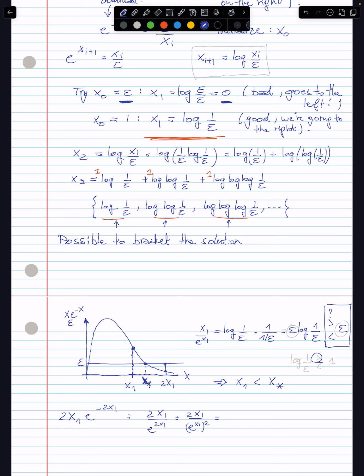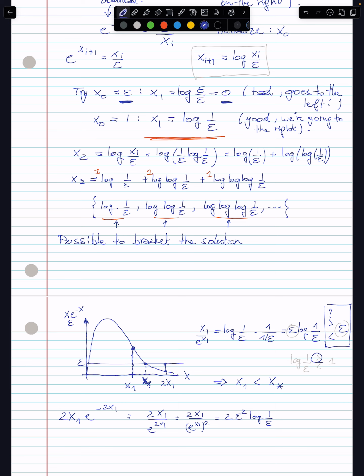Or again, 2x1, let me now replace by x1. We have twice the log of 1 over epsilon. This is 2x1. And I need to divide this by exponential of x1, which is 1 over epsilon squared. So I just multiply by epsilon squared over there.